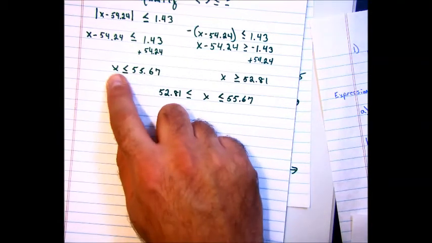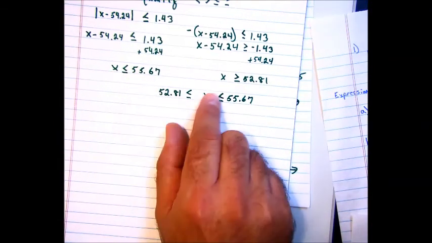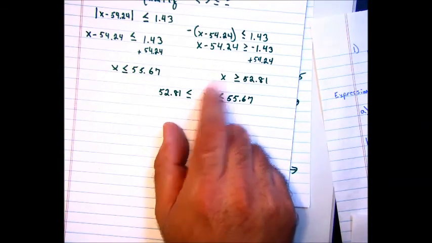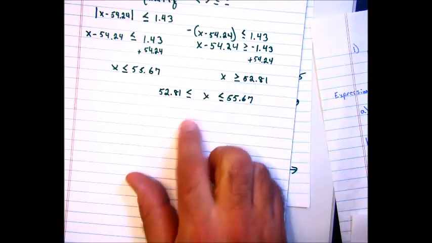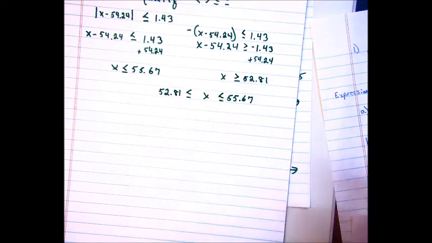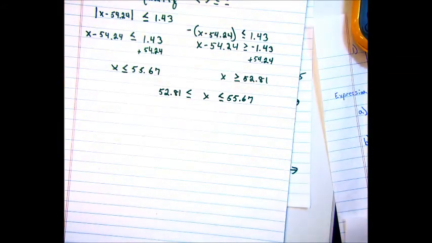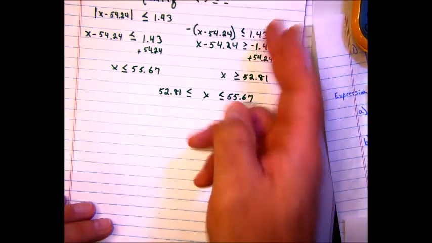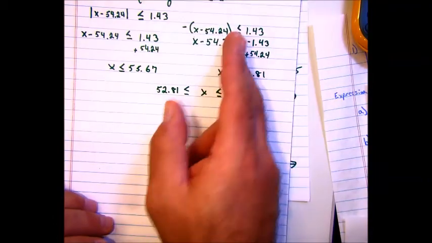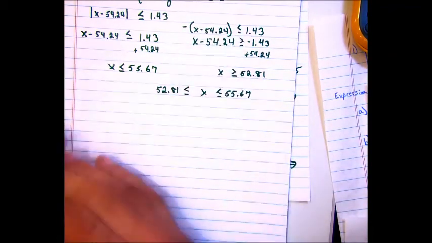It has to be smaller than this, bigger than this. So we've done compound inequality. Notice, they're both done similarly. There's only one rule that changes. When you make the negative of the second problem, you have to flip the inequality sign. All the rest of the math is the same.